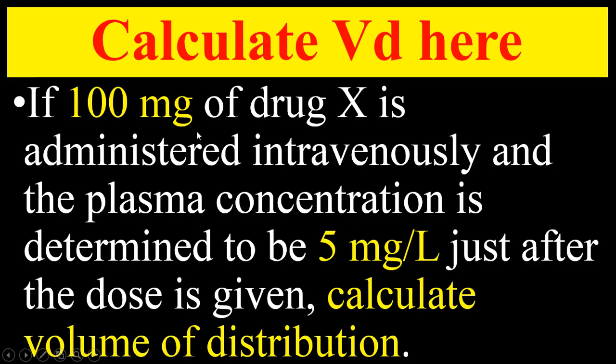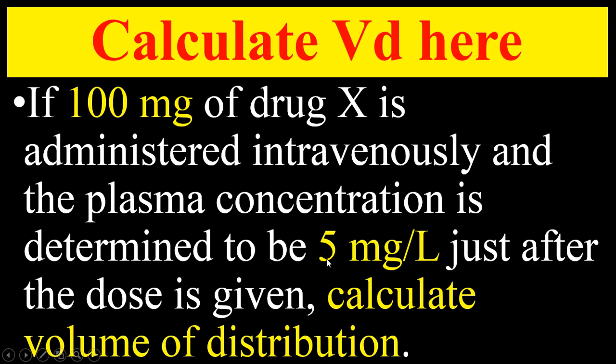Now again, let's suppose the body is a tank, and we place 100 mg of drug intravenously, so that bioavailability is 100%, and we pull out the blood instantly and see that the concentration is 5 milligram per liter. Now what is the volume of distribution?